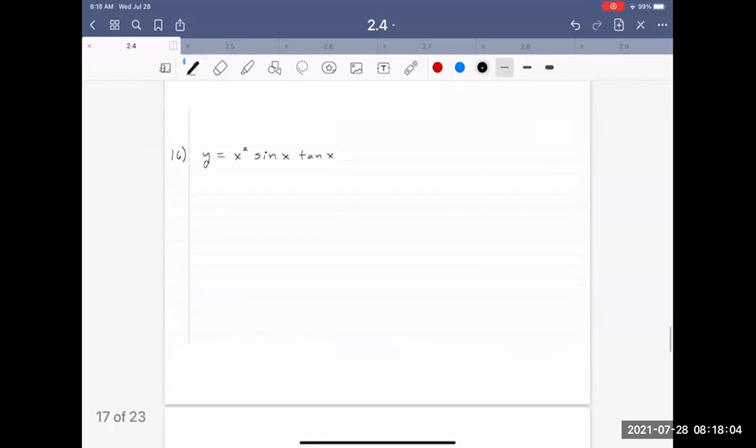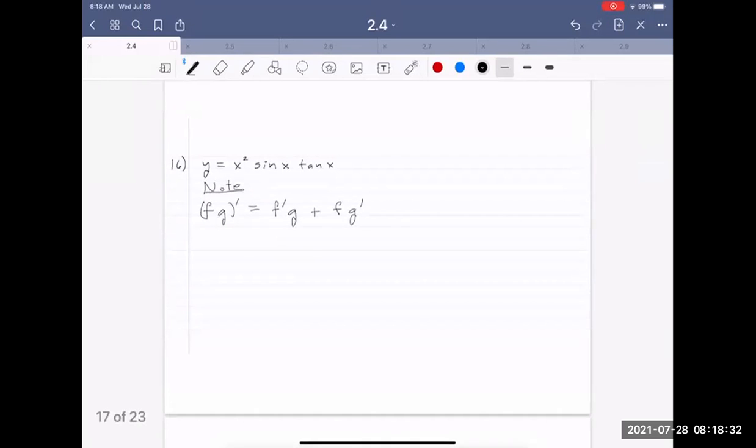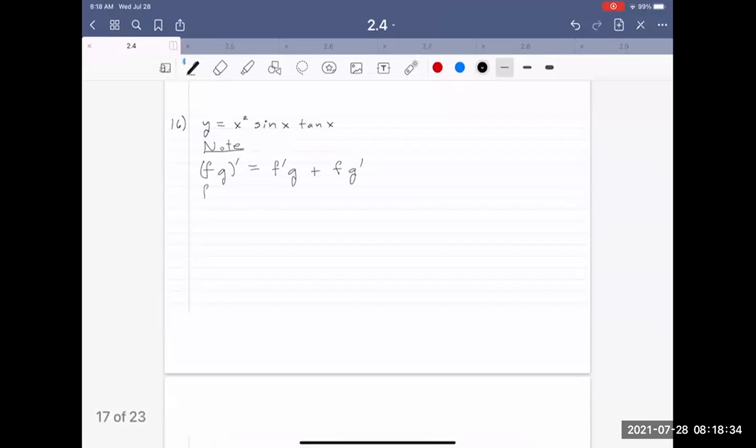Let me do problem number 16. First, let me note the following. We have the Leibniz rule, the product rule, which says that the derivative of the product is the derivative of the first times the second plus the first times the derivative of the second. Suppose you had three functions, f, g, h.